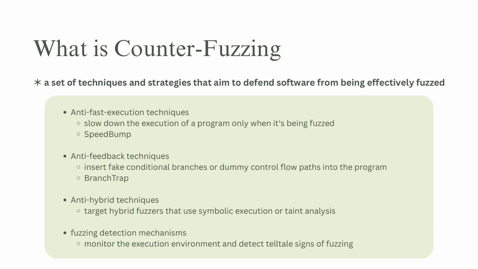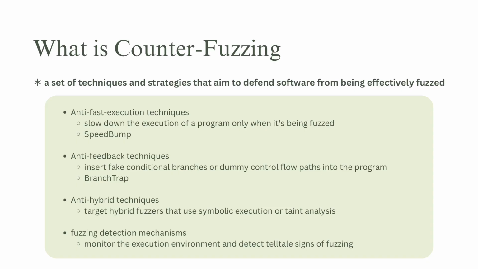There are fuzzing detection mechanisms. These monitor the execution environment and detect telltale signs of fuzzing. For instance, unusually high execution frequency or the presence of instrumentation artifacts introduced by binary-only fuzzers, like AFL-QEMU.